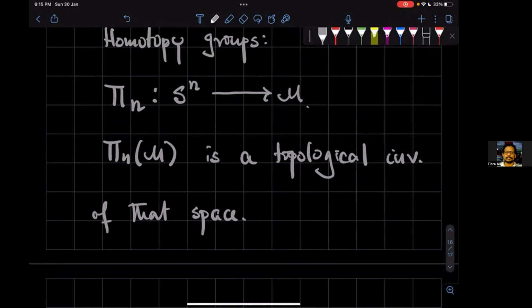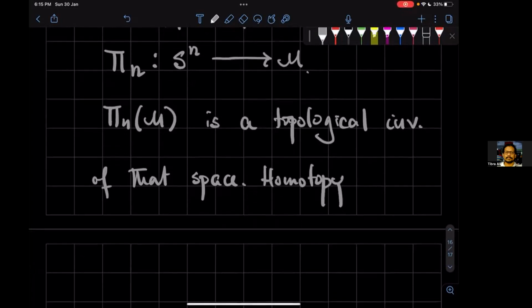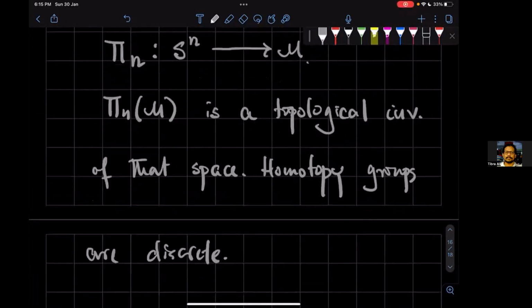Okay, so homotopy groups are very useful in classifying different kinds of spaces. Now, these are also important groups which are discrete. So not all important groups are continuous, of course. All groups are important. Homotopy groups are discrete. Okay, so this is from topology.